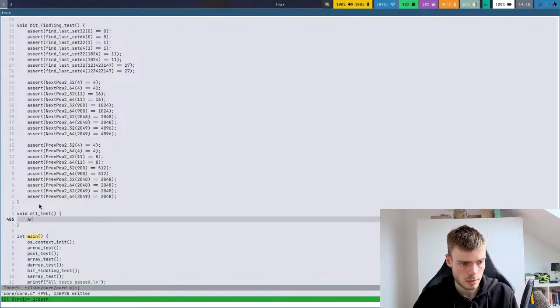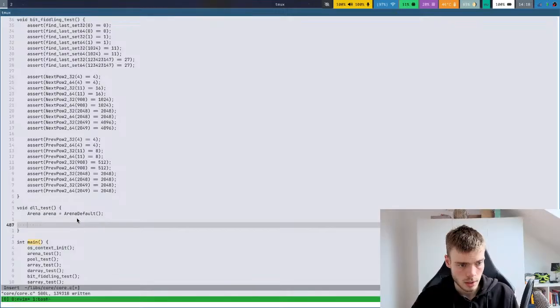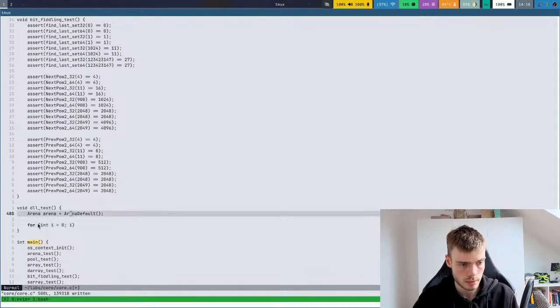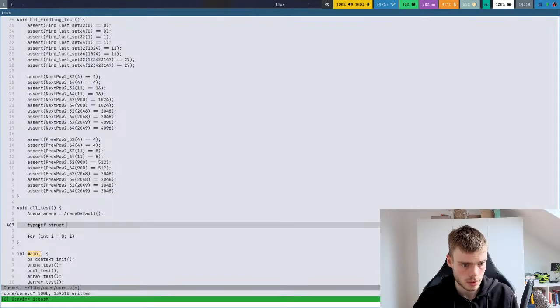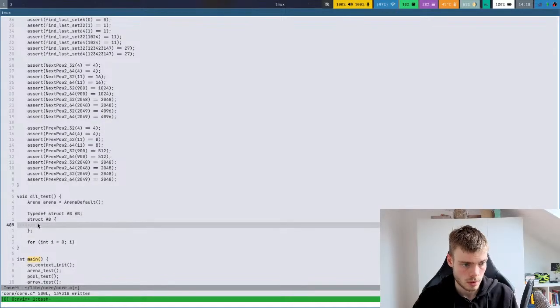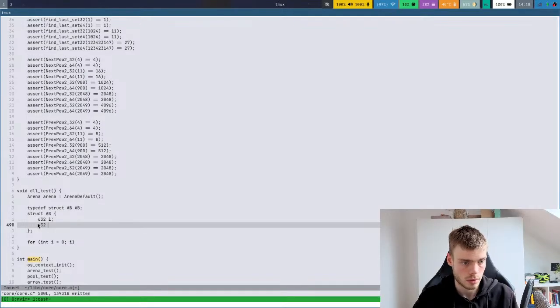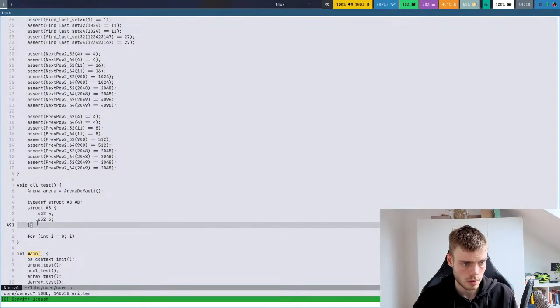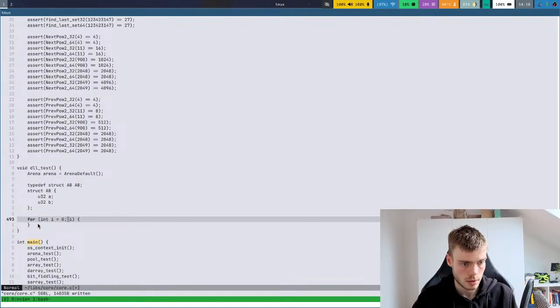Let's get an arena. Let's create a test for type def struct E, struct I, a, b, go through these. I is less than 1000 plus.